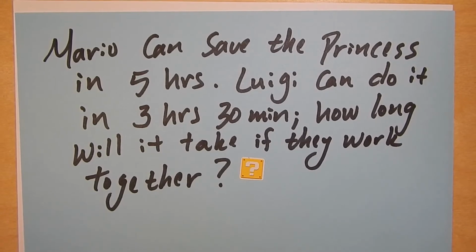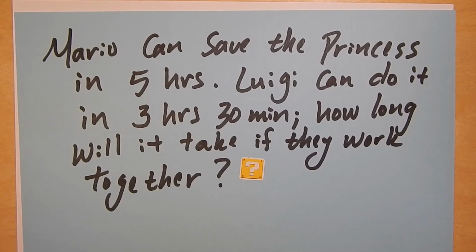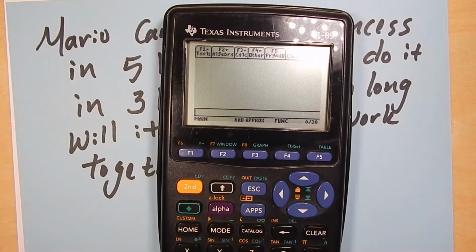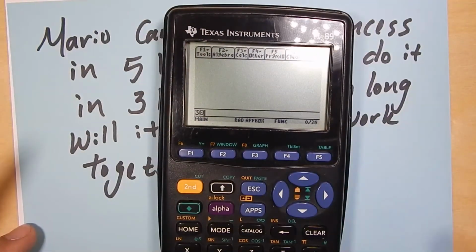3 hours, 30 minutes is not the same unit as hours. It has hours and minutes. So what we have to do is convert it into just hours or just minutes. We're going to convert it to hours because it's easier to work with. So we say, okay, 30 minutes, you probably already know what fraction this is.